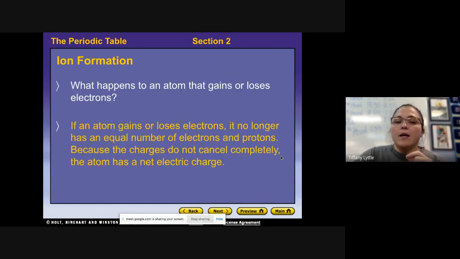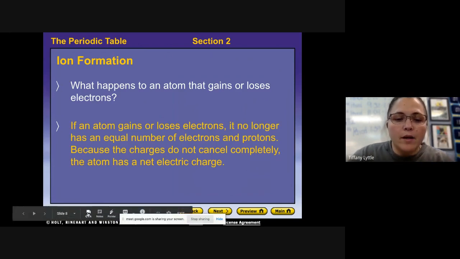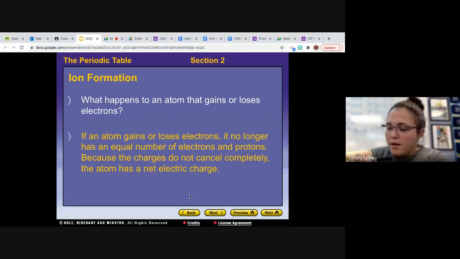If an atom gains or loses electrons, it no longer has an equal number of electrons and protons because the charges do not cancel completely. The atom has a net charge, or a net electric charge. So what that is talking about is lithium. Its atomic number is 3.